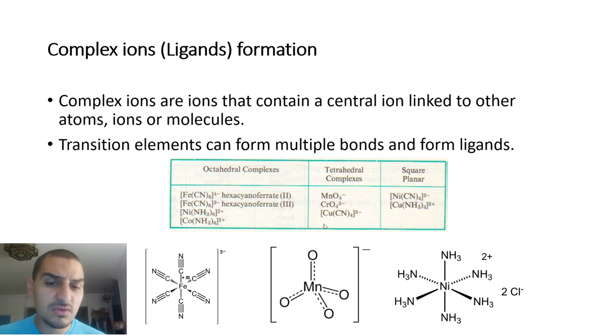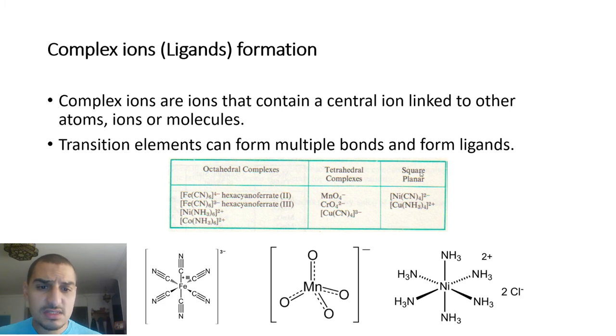Anyway, you'll find a lot of complexes, and the reason the transition elements can form complexes is that it has, again, many electrons in the d subshell that can form bonds with other molecules or with other atoms, and this makes it able to form these complex shapes that we see here.